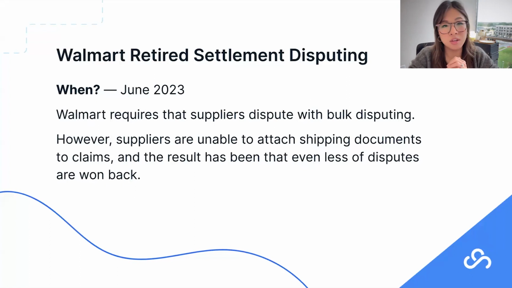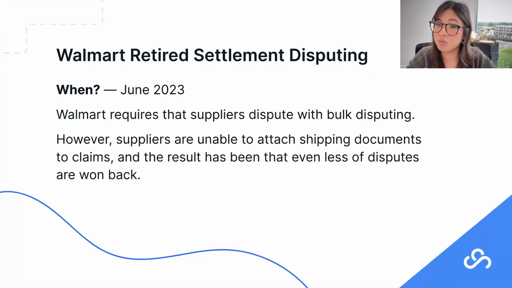So again, we've seen some suppliers get offered it. Walmart has said that it's supposed to be a one-time settlement. In some very rare cases, we've seen two-time settlements. But generally speaking, they're trying to keep that for the larger, mid-sized suppliers.